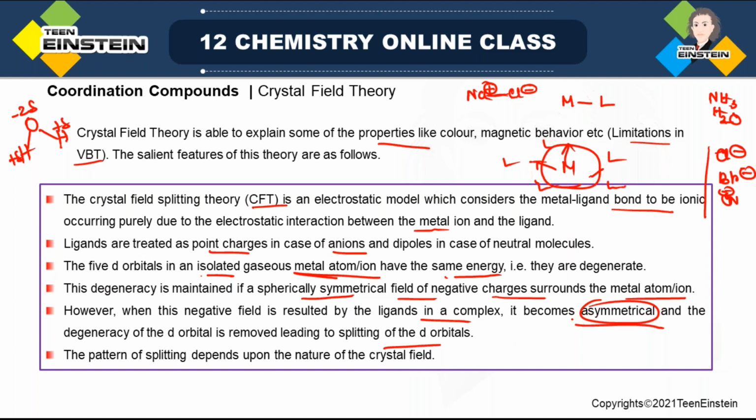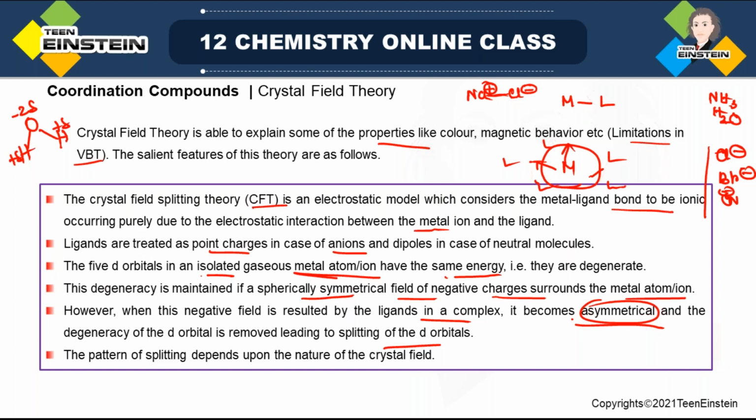Okay, now how do we know which d orbitals will have higher energy and which will have lower energy? If we want to understand that, we should have proper knowledge about the orientation of the different d orbitals of the metal.